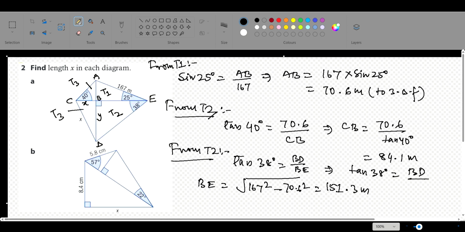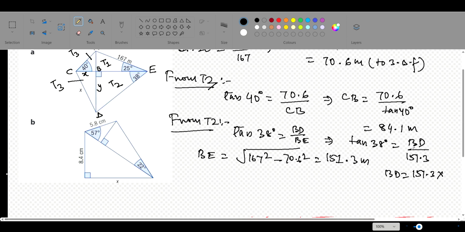BE, we got 151.3. So BD is 151.3 times tan 38, which is 118.2.